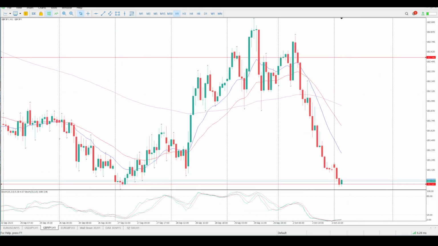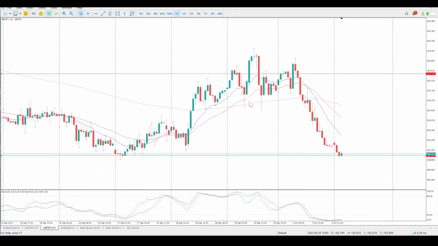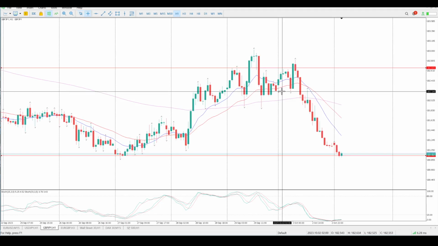If you look at it from the 1 hour perspective, you can see there's my structure. It didn't play out, it was a complete mess. Then I'm just going to drop down to 15 minutes here, because that may give us another signal.